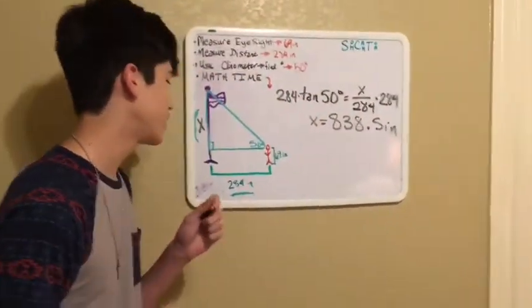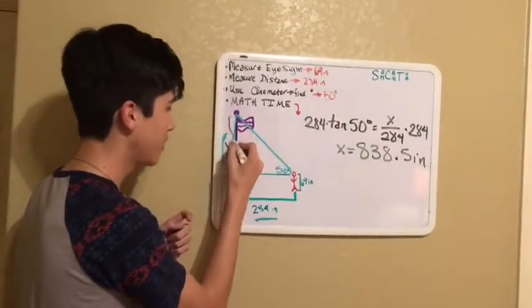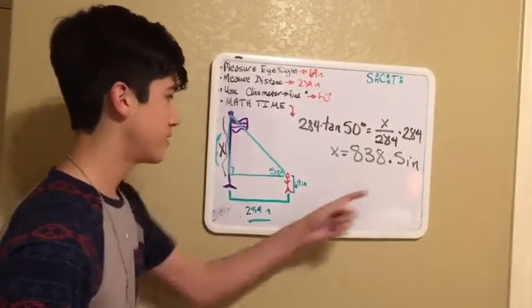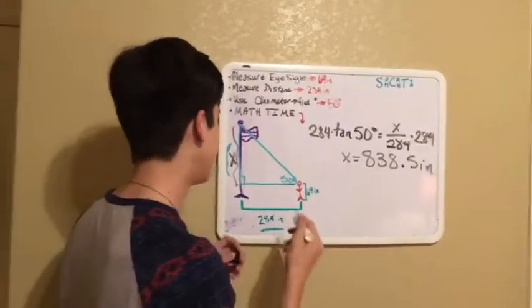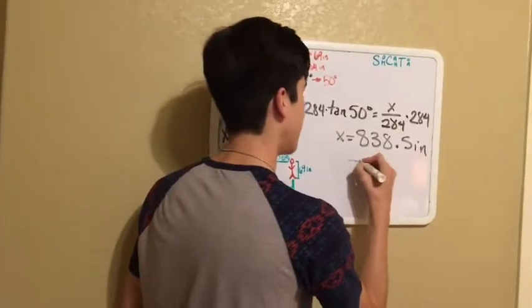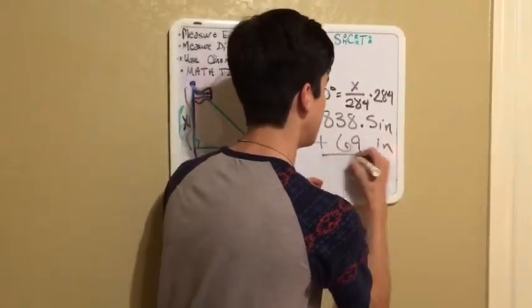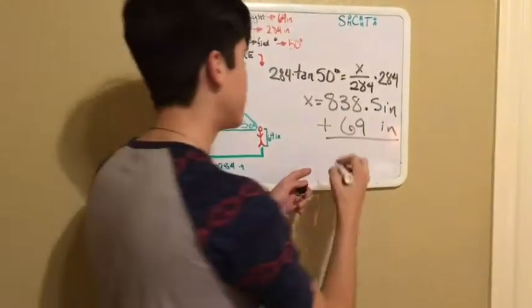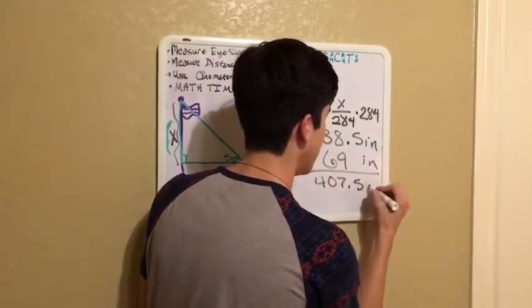So now we have to factor in our height, because we only found this part. So now we have to add in our eyesight level. You add 69 inches and you get 407.5 inches.